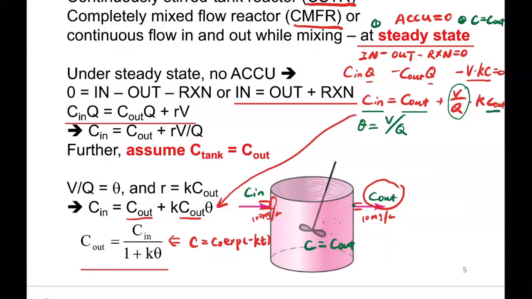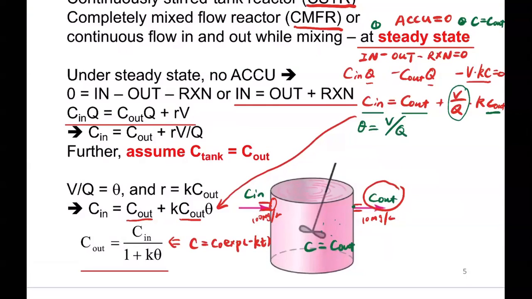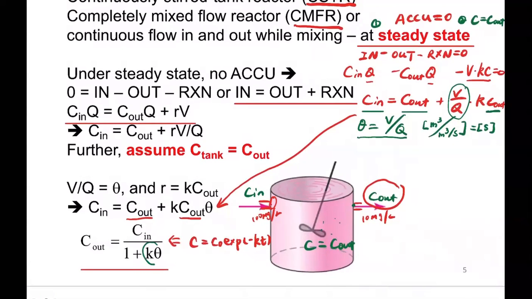And then another thing I want to point out is this theta term that we defined. If you check the unit for it, which is meters cubed for volume, divided by the flow rate, meters cubed per second, you're going to have a unit of second. You have a unit of time, right? This also makes sense because for the K theta here, we mentioned that K has a unit of 1 per second, and the 1 here doesn't have any unit, which means that theta has a unit of second.